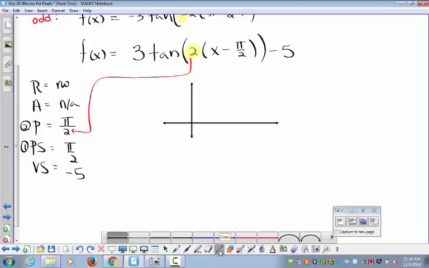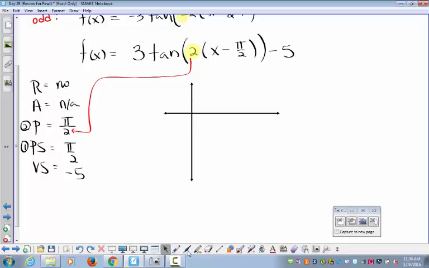Okay, so the period is pi over 2. So let's suppose that this is pi over 2 right there. What do we do with the period?